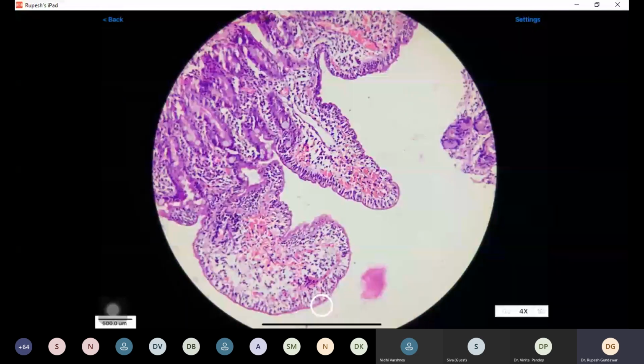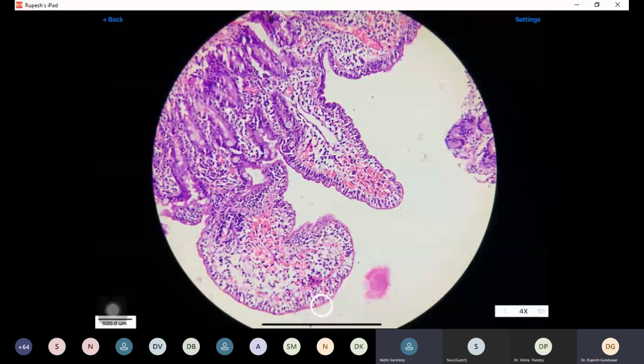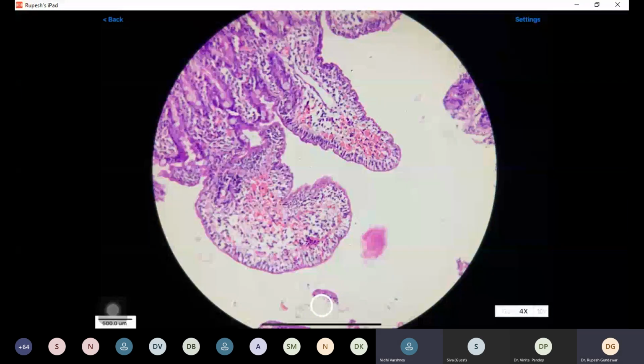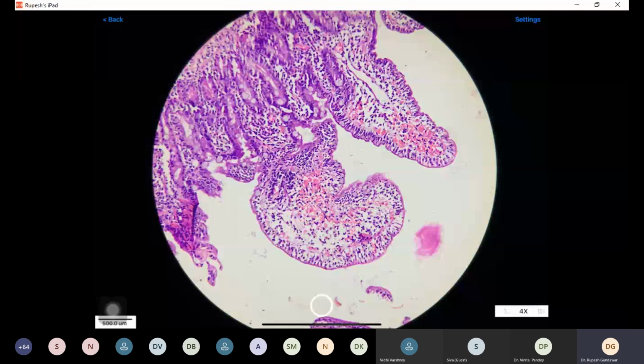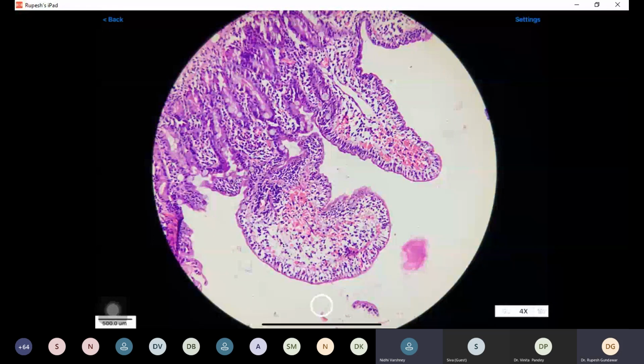What possibilities do you think of when you get such a biopsy? Celiac disease, right? Any other possibility? You said tropical sprue. Anything else? According to age, if it is a young person, it's celiac disease.